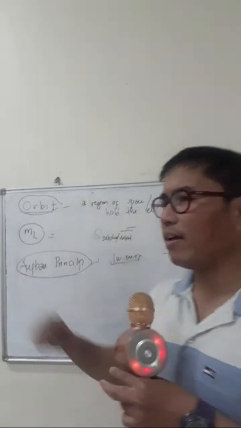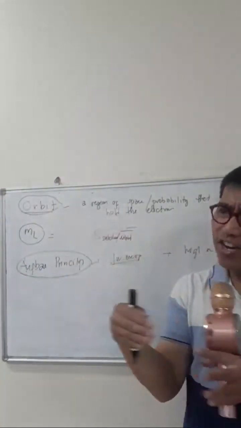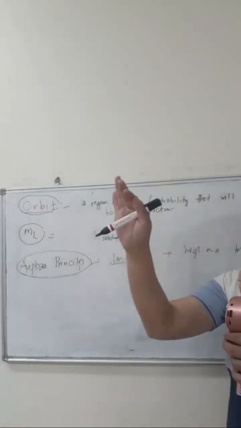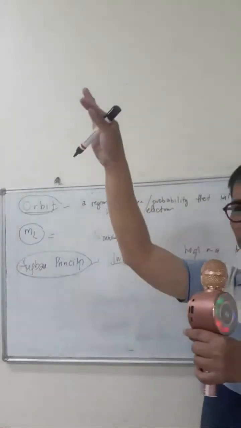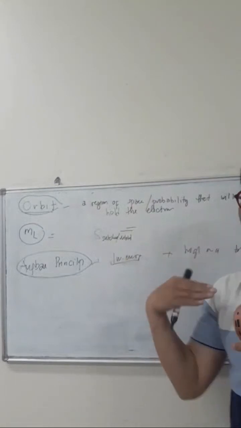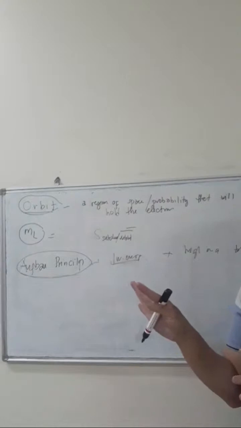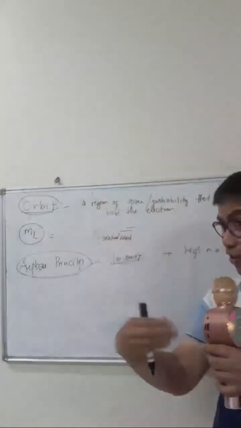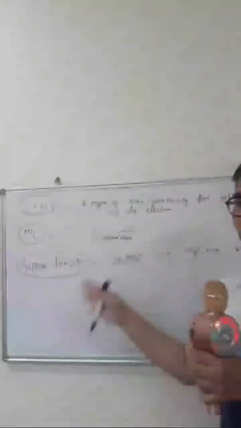For example, if I have 4 shells, they will start first in the inner shell. Later on, the electron will jump to the second shell, and later to the third. They cannot jump directly to the highest because they don't have enough energy yet. Just like a person, you don't learn the maximum immediately. You start with the minimum. The same with the Aufbau principle in terms of electrons.